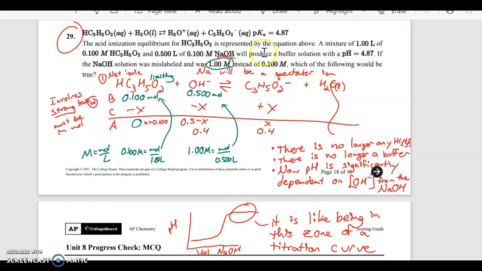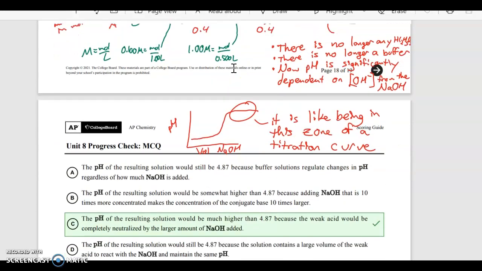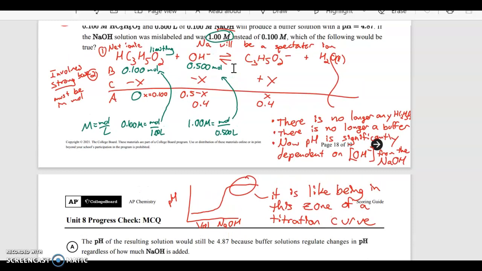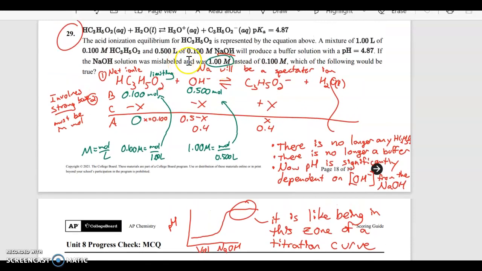when they're telling you this thing that happened and where the solution was mislabeled, you can use this as kind of a way of telling what's going to happen. You had this 1 molar solution rather than 0.1 molar.